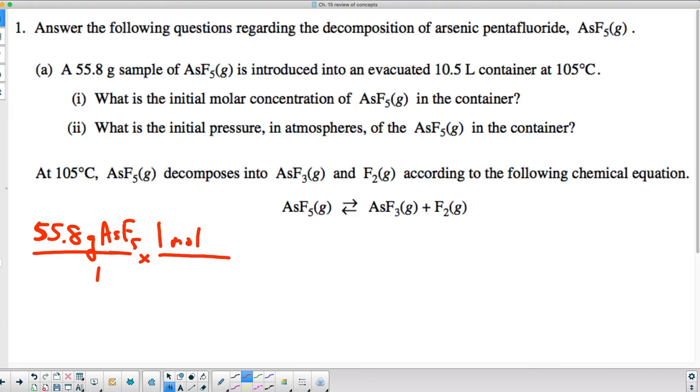So 1 mole of AsF5 is equal to, I got As at 74.9, and F, there are 5 of them, times 19. So 19 times 5 is 95 plus 74.9 equals 169.9 grams of AsF5.